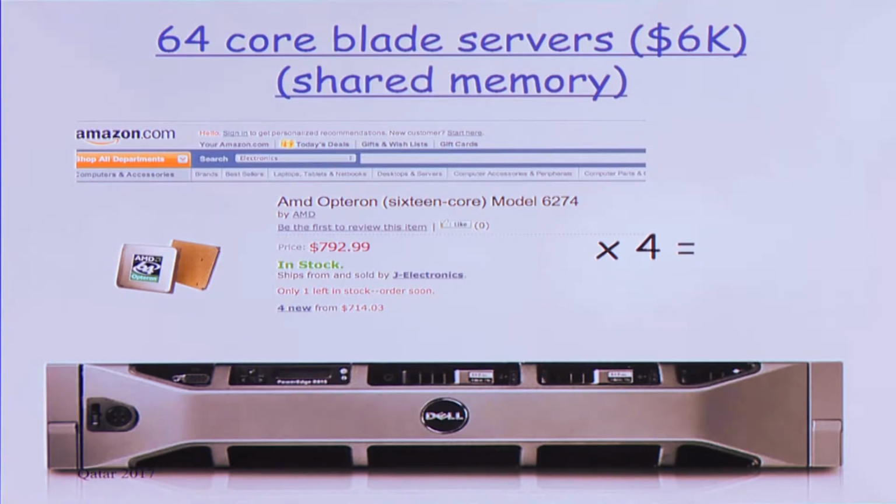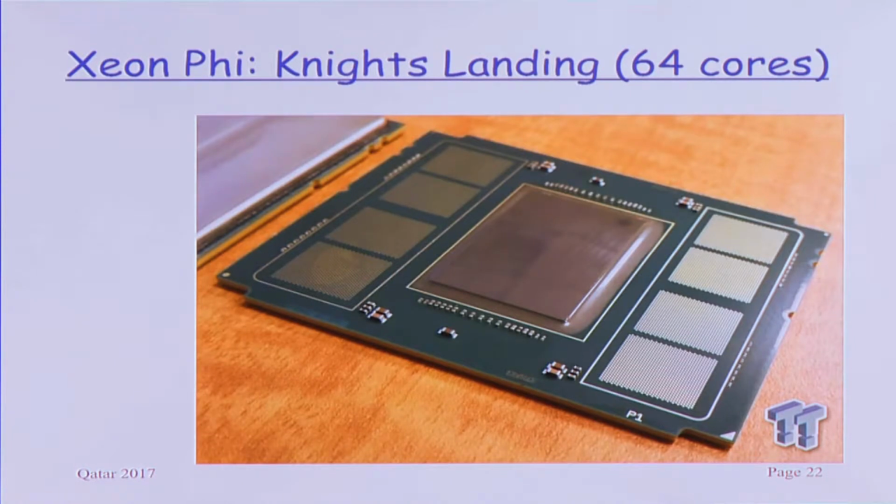I think this one's actually 4 different processors, but you can put these together quite easily. And this is just a little thing of that size. You put it in a rack, and it has 80 cores. Well, this one's a new one, we just bought one of these in December. This is the new Xeon Phi Knights Landing.